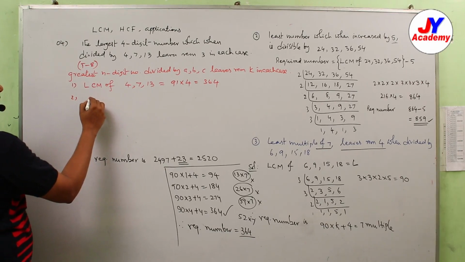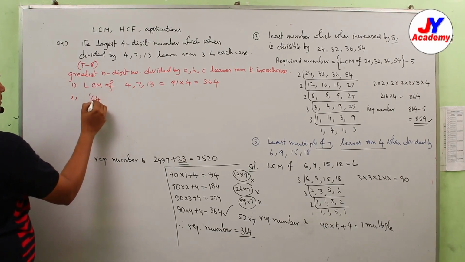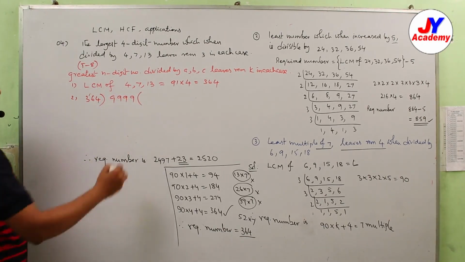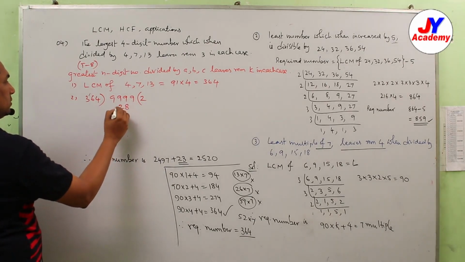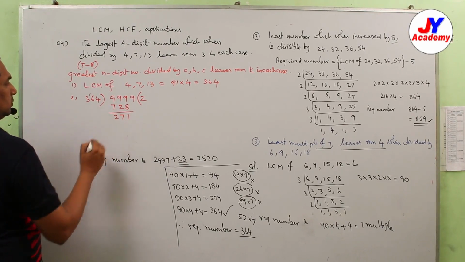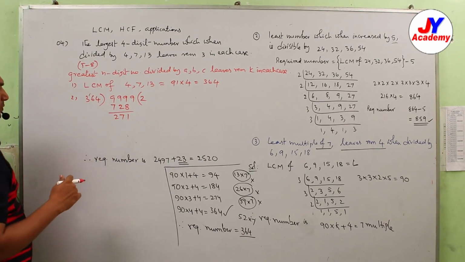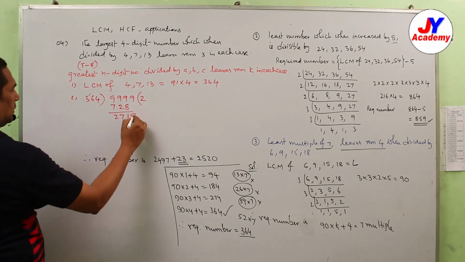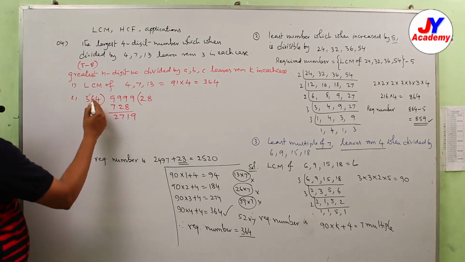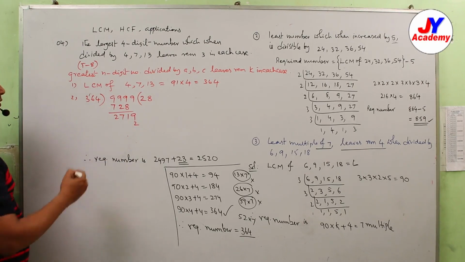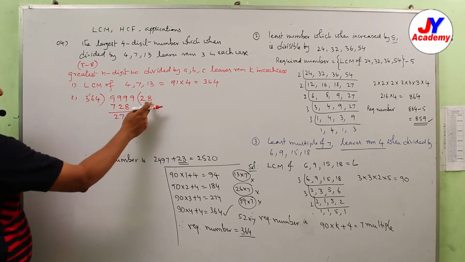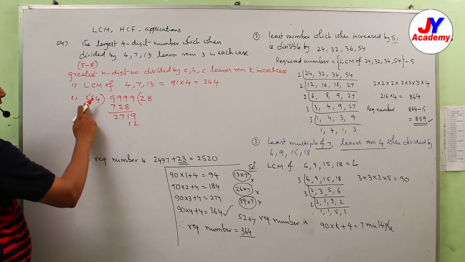Now the greatest 4-digit number divided by 364. 2s 8, 12, 728, 1, 7, 2, 9, 8s, 4s 32, 3, 48, 3, 51, 5, 24, 5, 29, not possible.